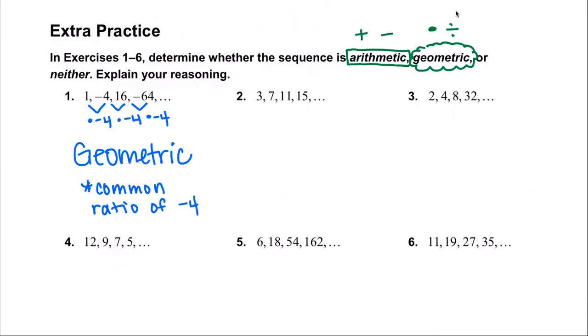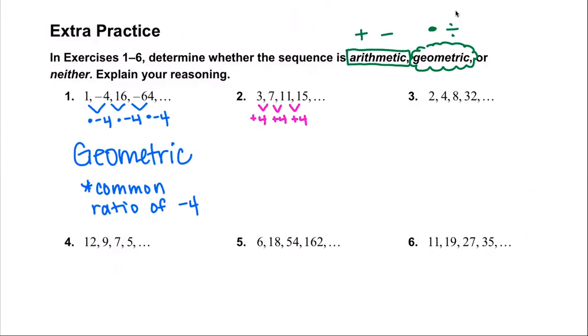Well, now let's look at number 2. What do we notice about number 2? I notice that if we add 4, add 4, add 4, we get to the next term. 3 plus 4 is 7. 7 plus 4 is 11. 11 plus 4 is 15.